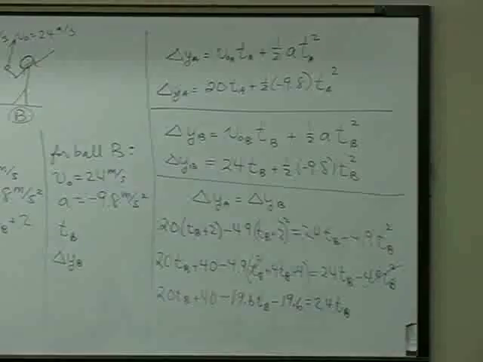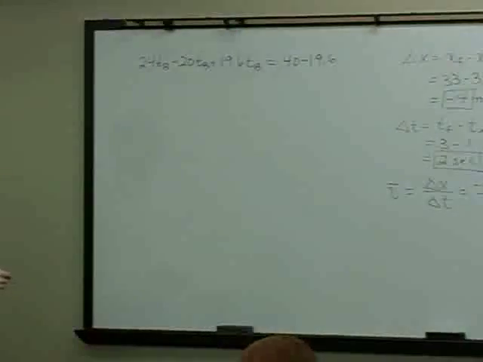So what do I have? Let's see. I got 24 time for B minus 20 time for B plus 19.6 time for B equals 40 minus 19.6. Okay? What am I missing?